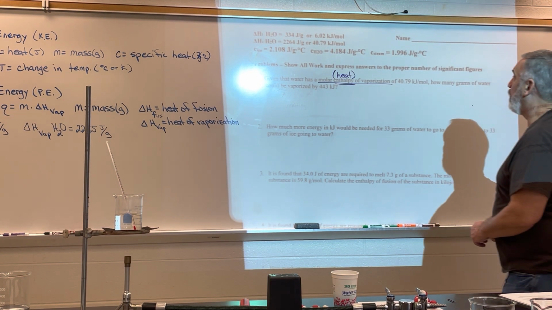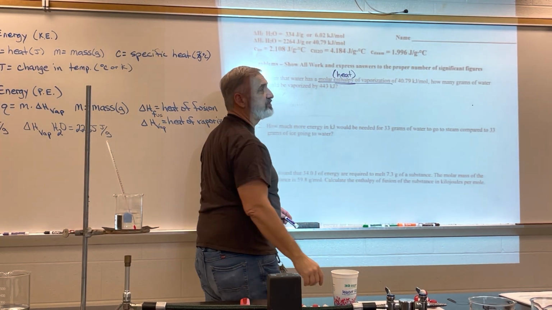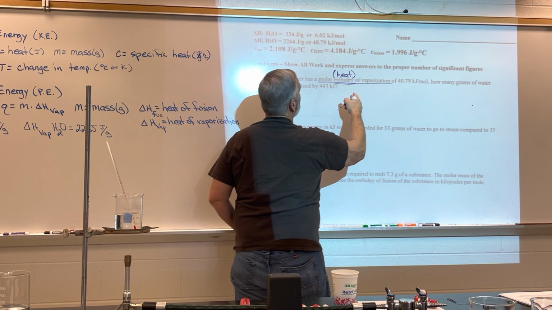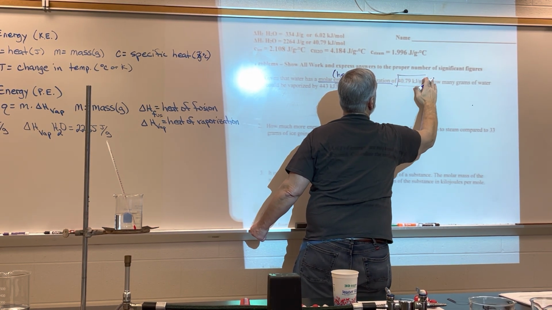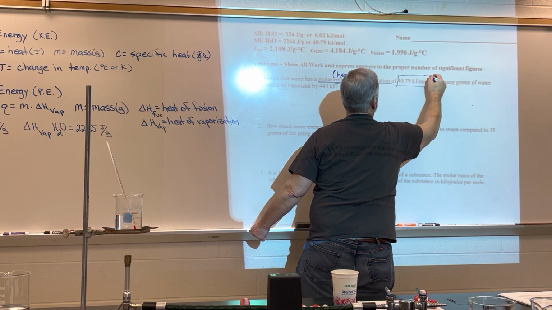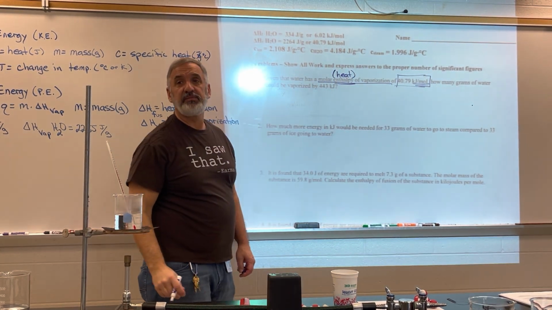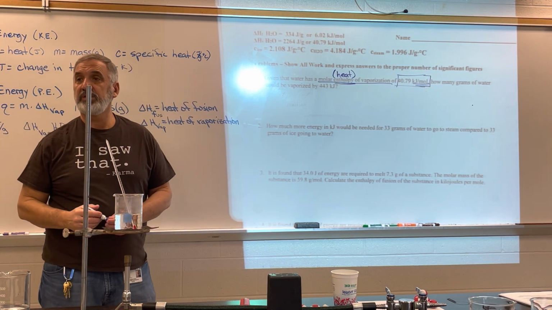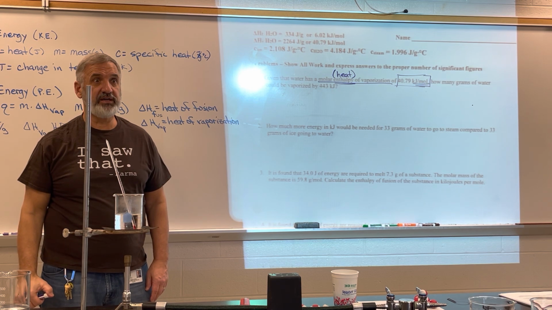How many grams of water could be vaporized by 443 kilojoules? Well, I have my enthalpy of vaporization is this, and what are my units on it? What is that a conversion factor between? Kilojoules and moles, right?